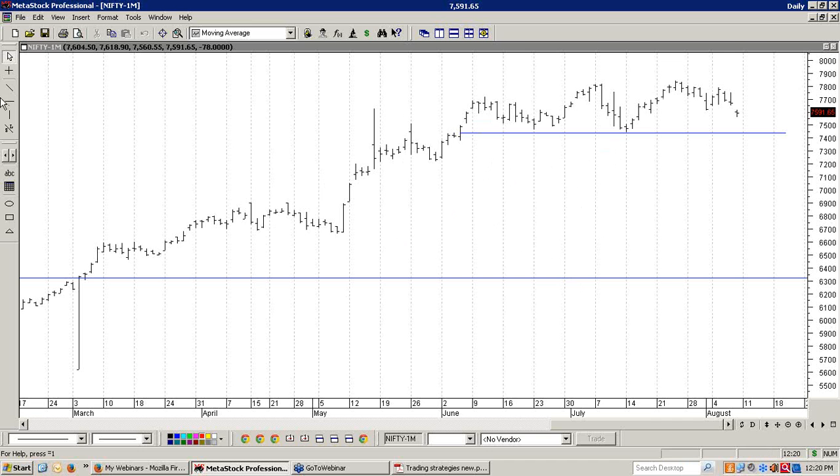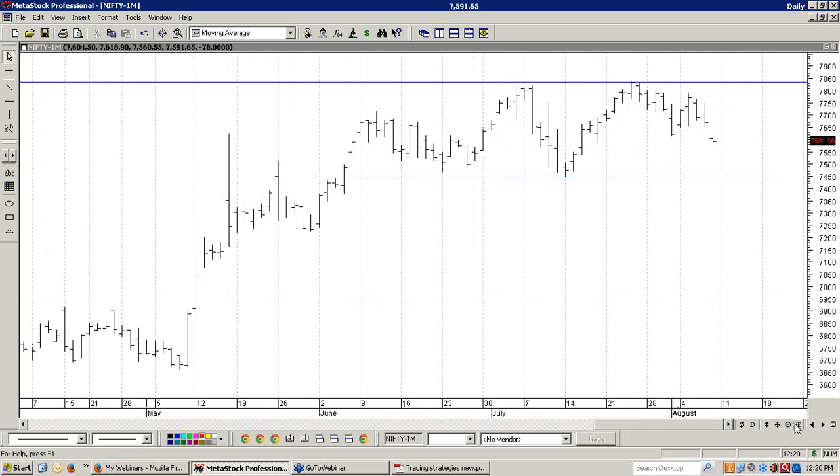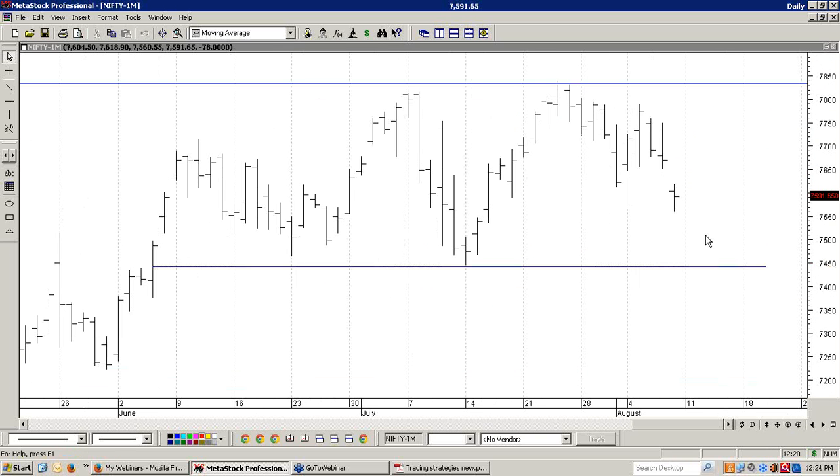Now you can see Nifty has made a double top pattern and reversed from that particular point. This was the double top pattern. If we see in detail, the Nifty is making a lower high, lower low pattern. So let's say if we draw a trend line from here, the highs are lower and the lows are again lower.